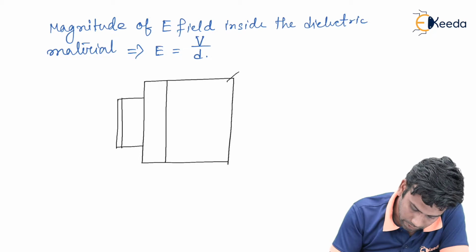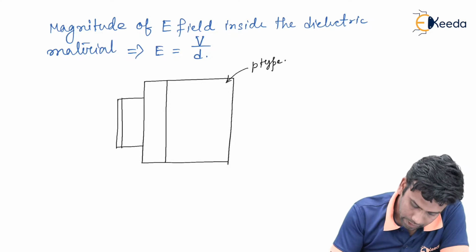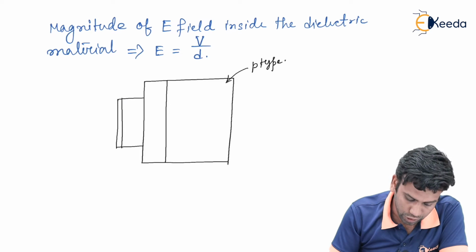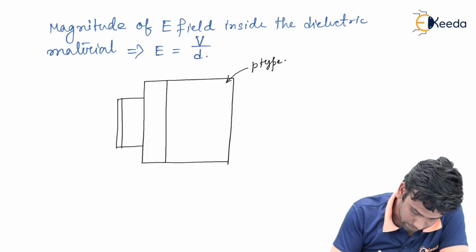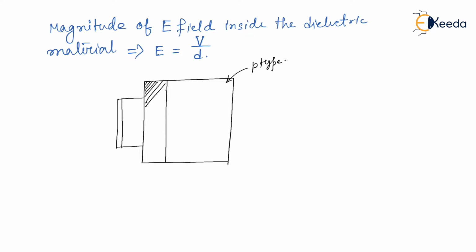This will be the p-type substrate, and on the p-type substrate silicon dioxide will be grown.